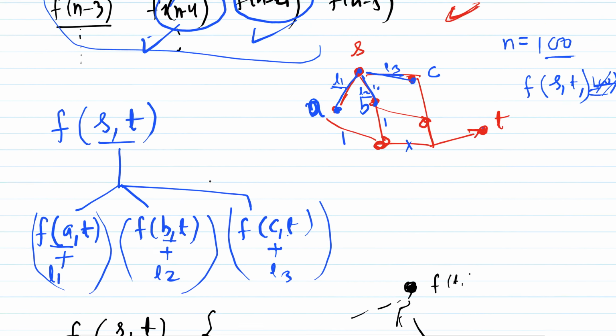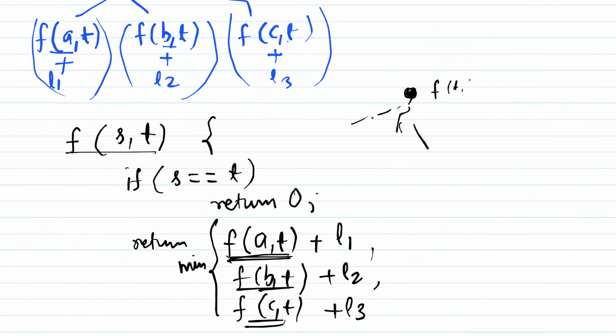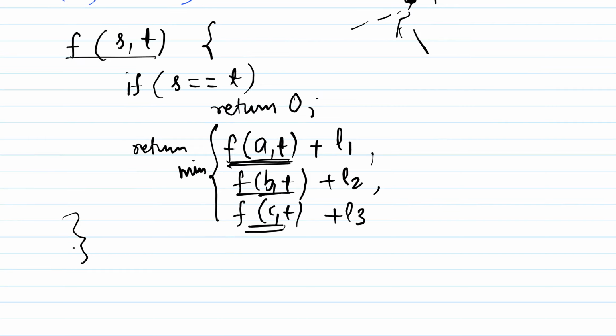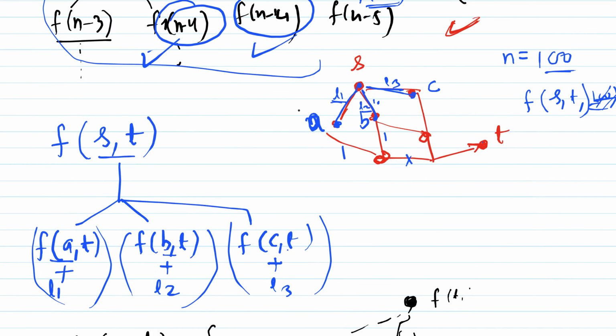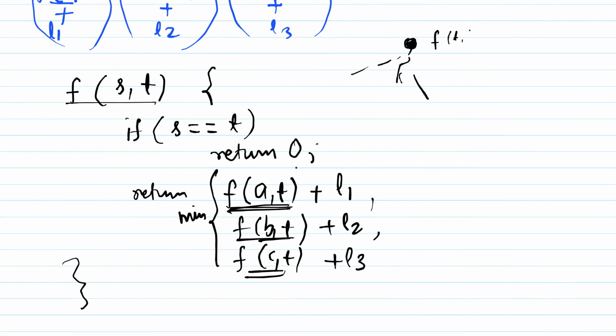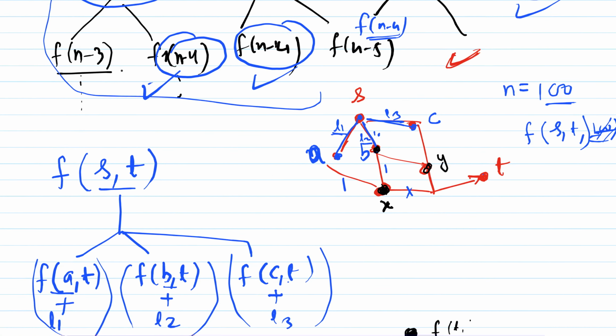But again, just to highlight the dynamic programming, this solution is perfectly fine and it should work. But again, just like the Fibonacci case, here you can solve the same problem again. Let's say from A also you reach this node X, and from B also there is a path you reach X. While trying all the paths from B, you will take X and maybe this is Y. So while solving for A, while solving this first relationship, you might have already found the shortest path from X to T, F(X, T).